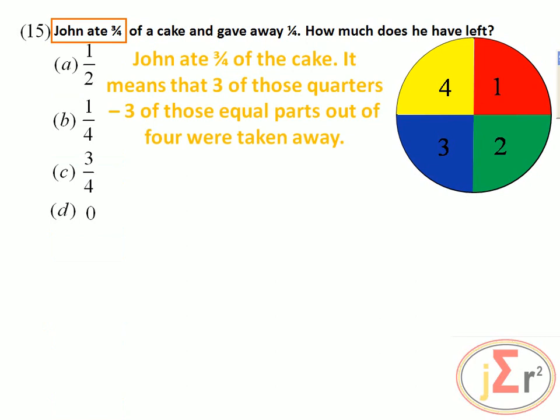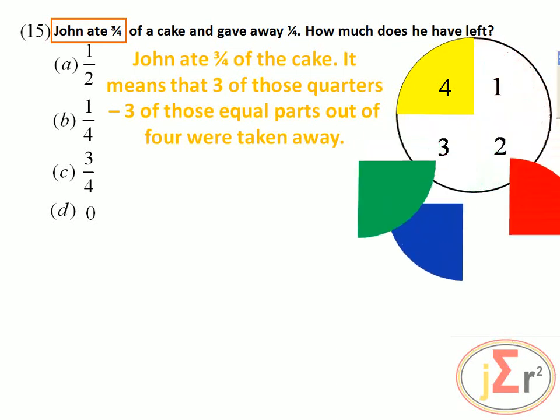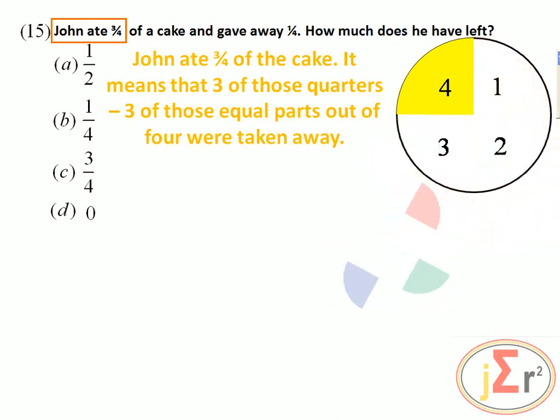The numerator tells us the number of those equal parts that we are talking about. John ate 3/4 of the cake. It means that 3 of those equal parts out of 4 were taken out. So John ate 3 of those quarters, meaning 3 of those equal parts of the whole, were taken out. So those are gone.